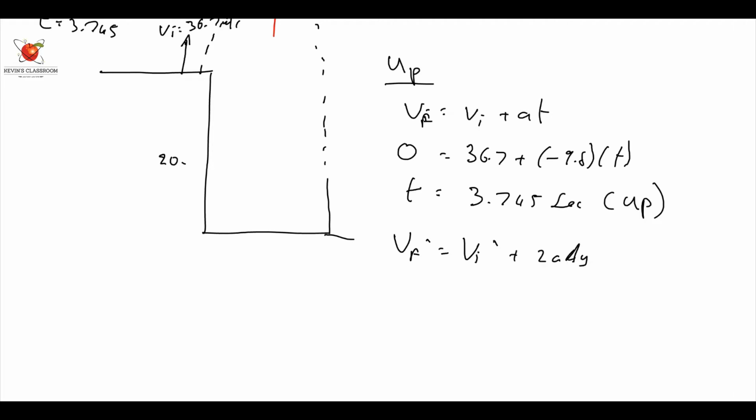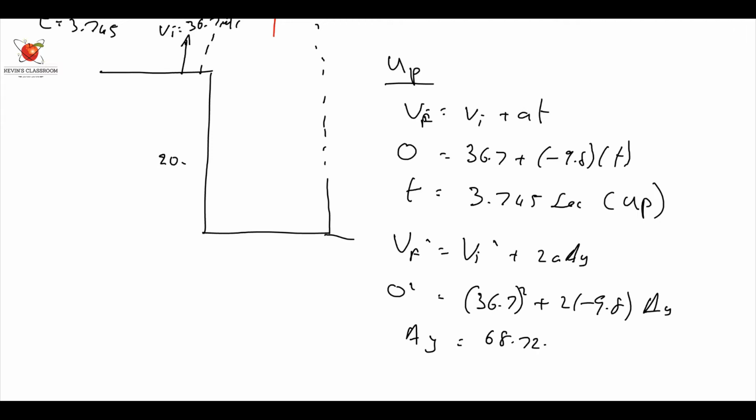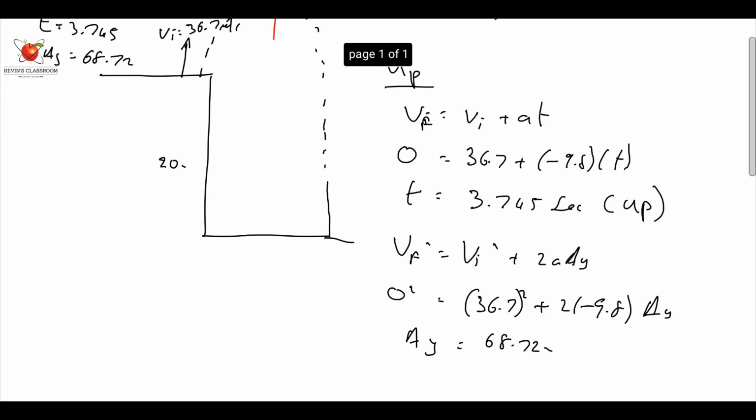I solve for delta y: 0 squared equals 36.7 squared plus 2 times minus 9.8, since I'm still on the upside, times delta y. And delta y comes out to be 68.72.